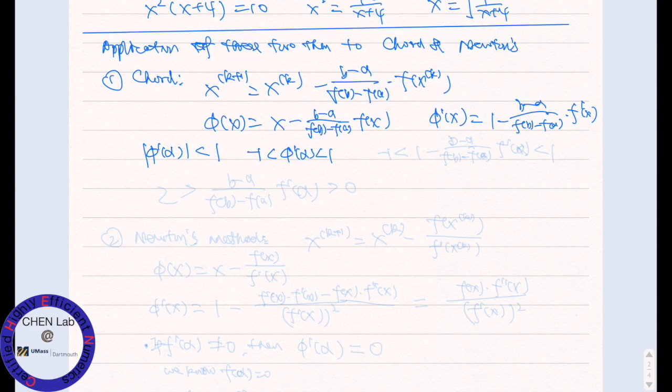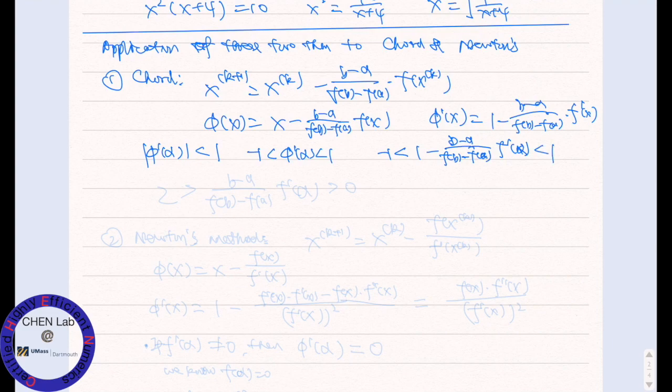Maybe I should read one more step instead of jumping. So negative 1 is less than that guy, 1 minus b minus a over f b minus f a times f prime of alpha. This is less than 1.